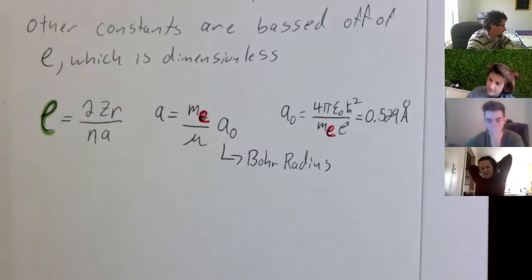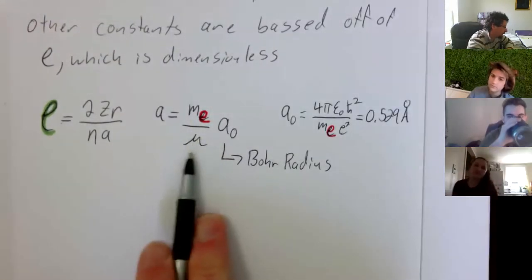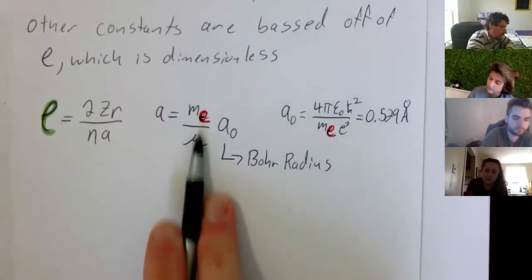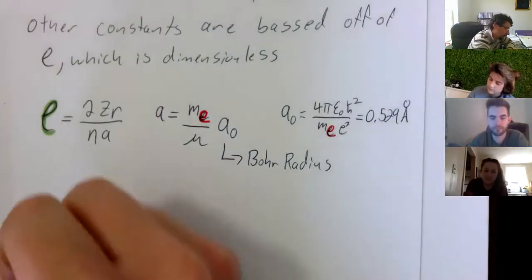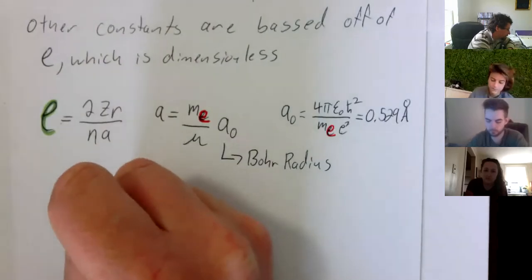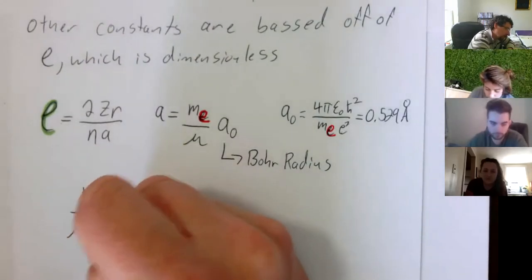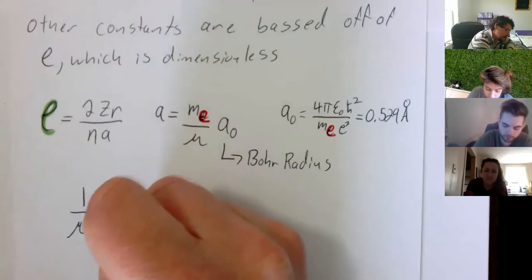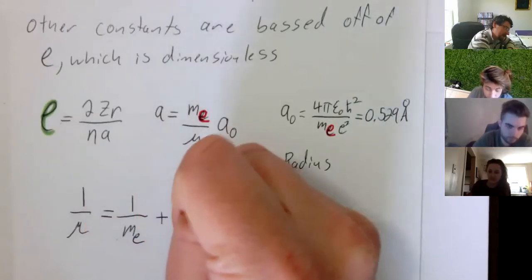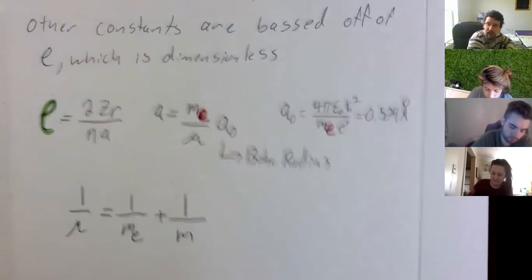Okay, so we can simplify this expression a little bit. Let's look at it a little more closely. If we have 1 over mu, that is actually equal to 1 over the mass of the electron plus 1 over the mass of the nucleus, what's the other mass we have in this system?